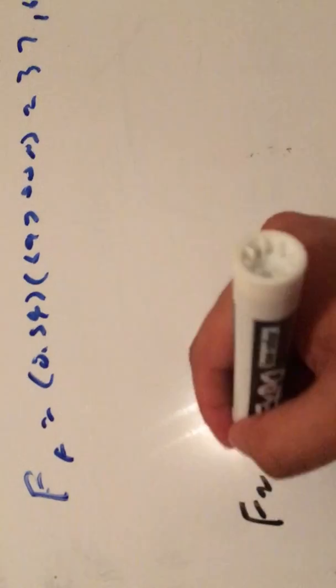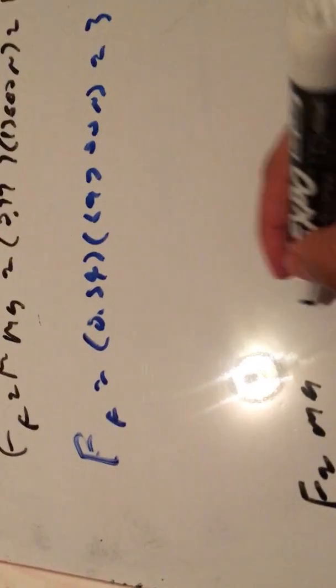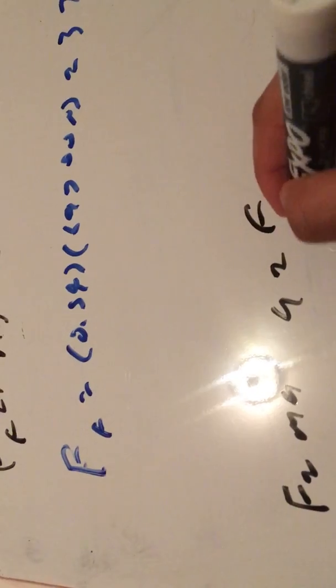Now we want to find the accelerations. Using Newton's law, we know that force equals mass times acceleration. From this, we determine that the acceleration is equal to force divided by mass.